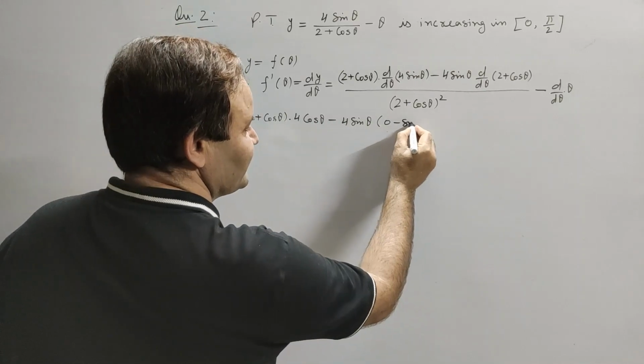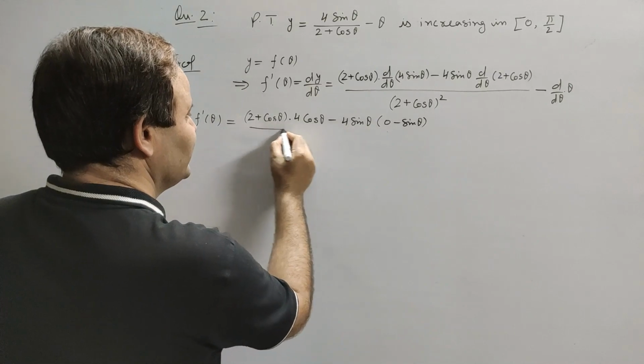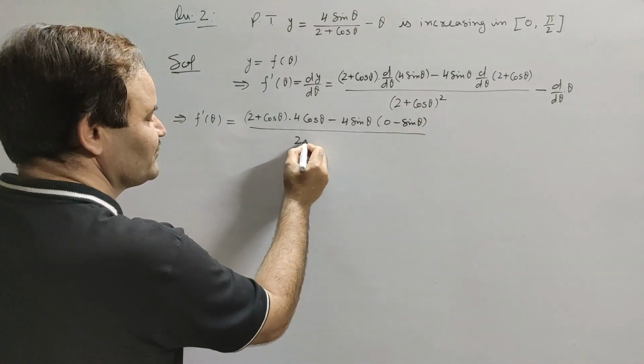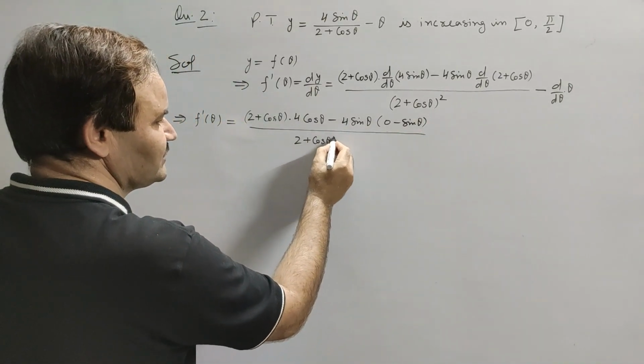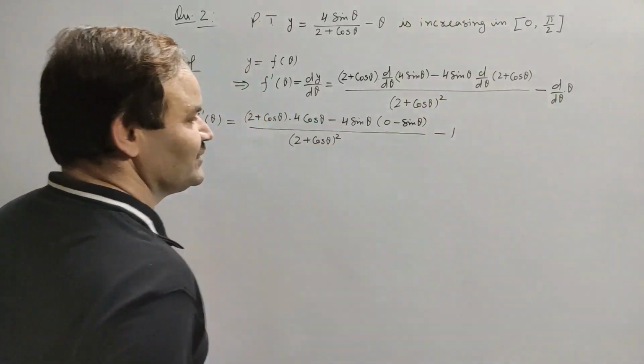So 0 minus sin theta, and divided by 2 plus cos theta whole square, minus d by d theta of theta is 1.